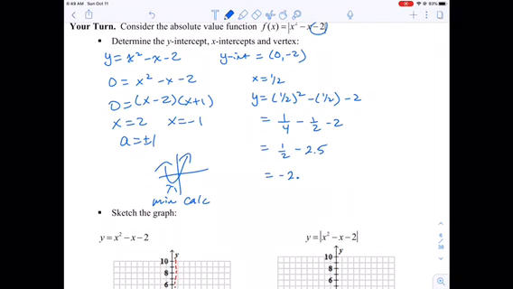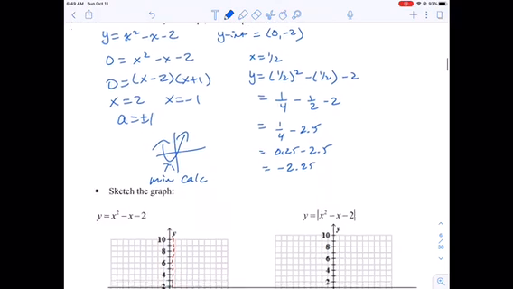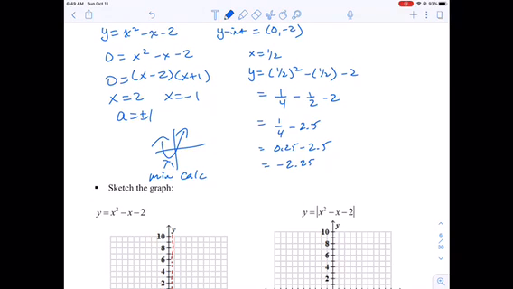Sorry, guys, I wrote 1/2 there by mistake. That's 1/4 minus 2.5. So 0.25 minus 2.5, negative 2.25. Okay. So I just plug those values in. I could use my calculator as well. So then I know my vertex is 1/2 and negative 9/4, or negative 2.25.